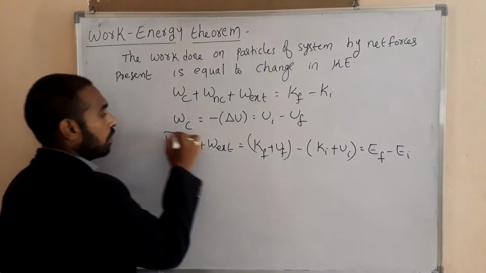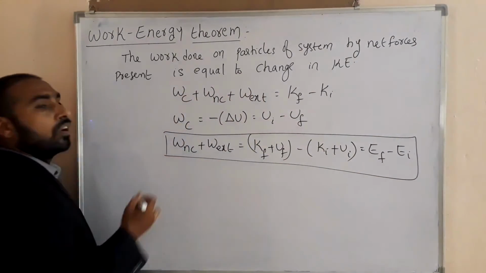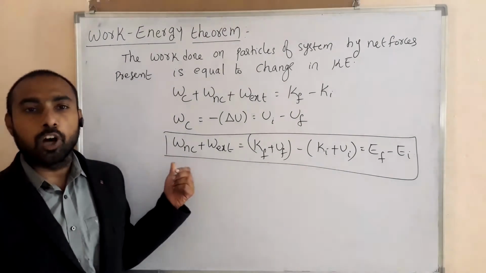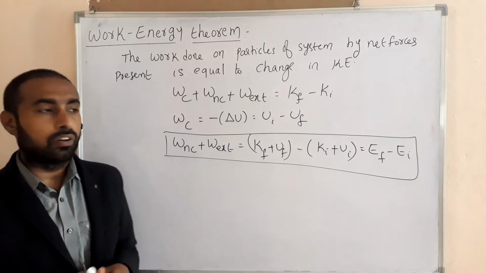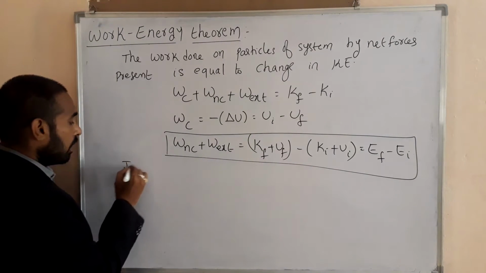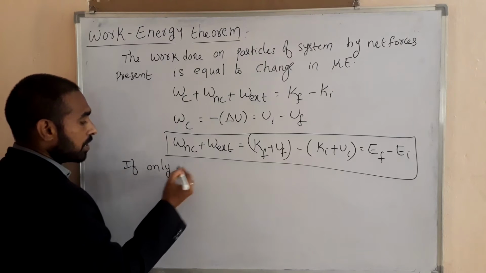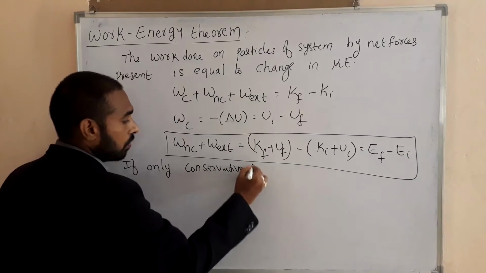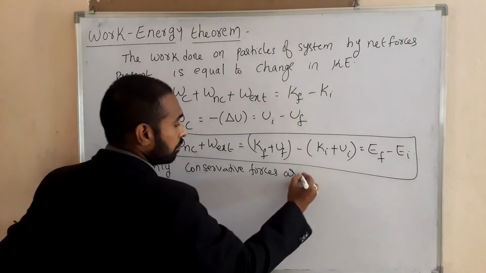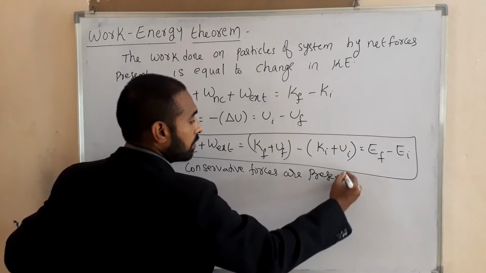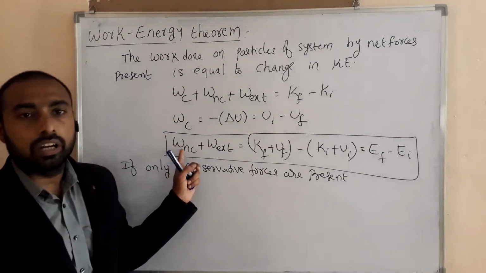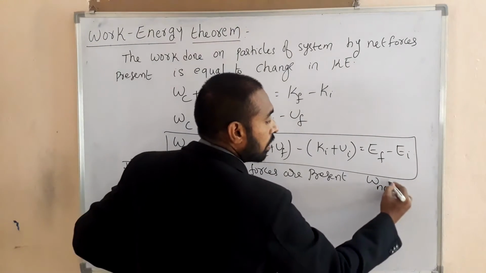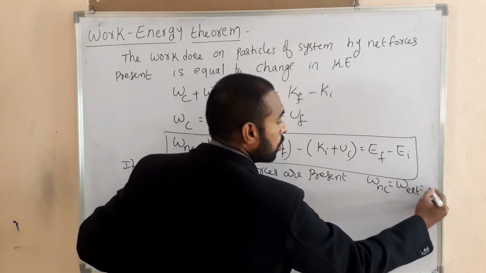Now if only conservative forces are present, it means non-conservative forces and external forces are not there, and the work done by the non-conservative force and external force is equal to 0.